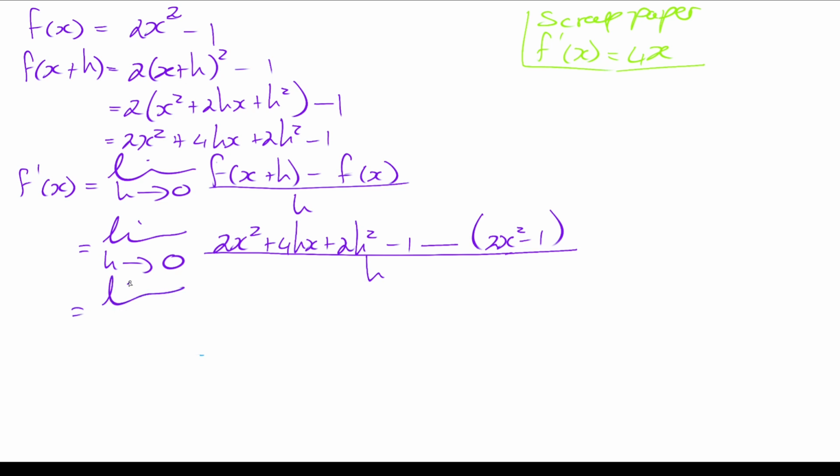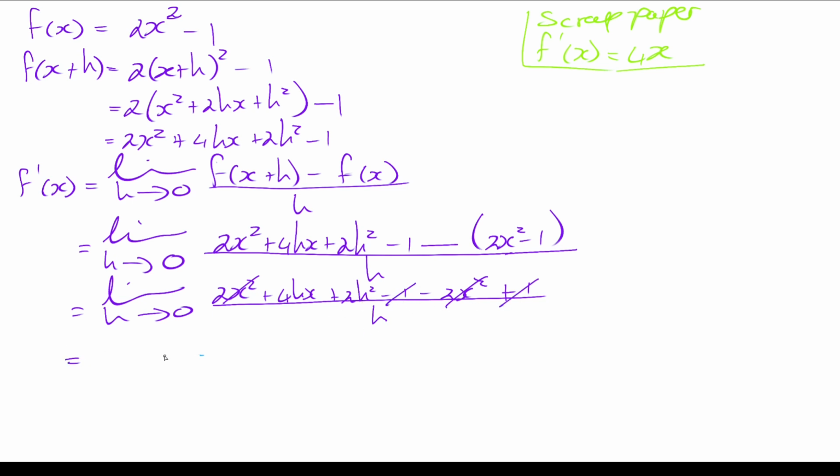Boom. Limit as h tends to 0 of 2x squared plus 4hx plus 2h squared minus 1 minus 2x squared plus 1, over h. And again, everything that does not contain an h gets cancelled out. Minus, plus.